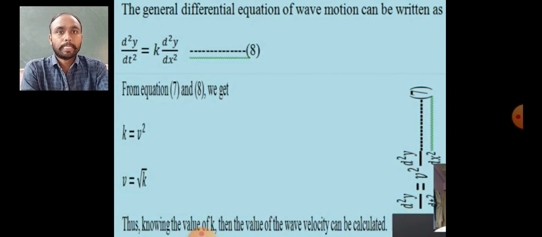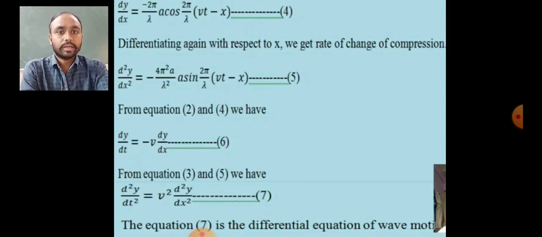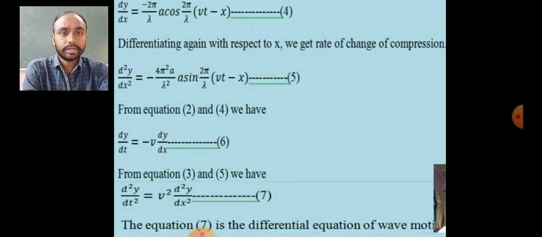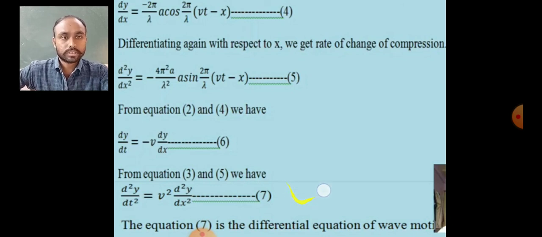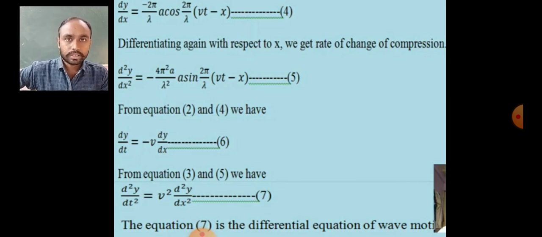Okay. Now, what we get is equation 6, dy by dt is equal to minus v dy by dx, and equation 7, d2y by dt square is equal to v square d2y by dx square. Equation 7 is the differential equation of wave motion, where d2y by dt square is acceleration, v square is what?